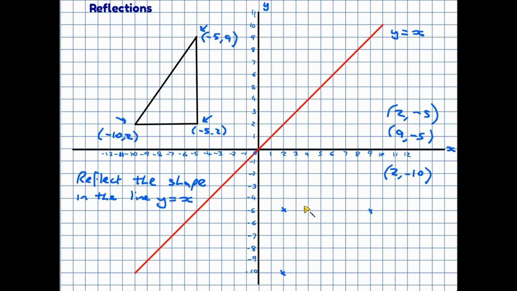Let's join up the corners of the triangle and make our reflected shape, and there we have a triangle that is reflected on the line y equals x. And again, if you tilt your head slightly and look at the picture, you can see that the line of reflection, the mirror line, is exactly in between the two triangles.